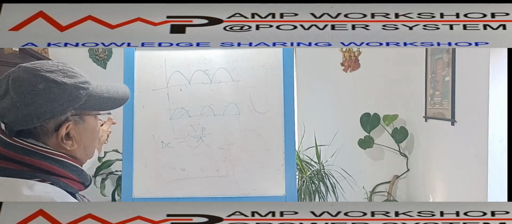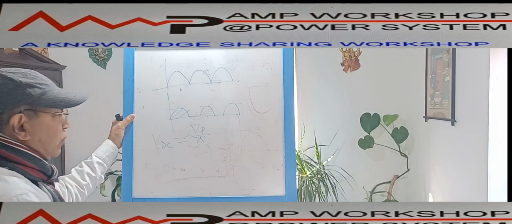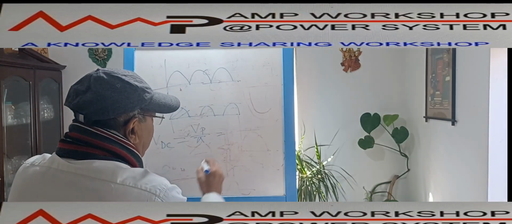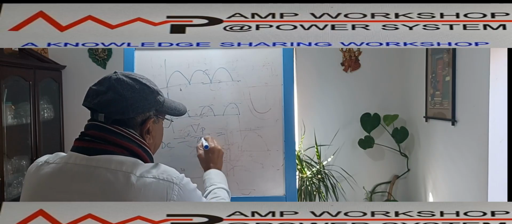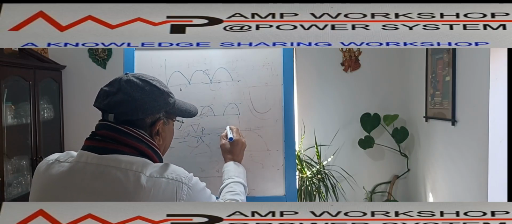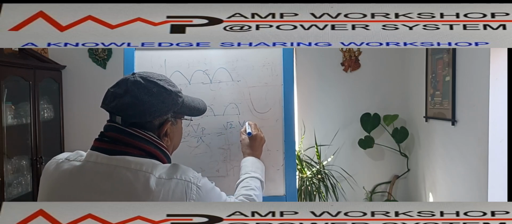This V peak is again related to VRMS. If you calculate VP in terms of RMS, it is equal to √2 times VRMS, right?